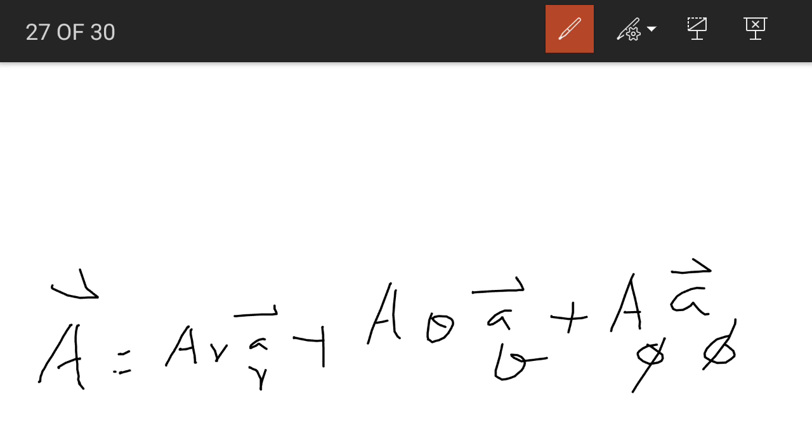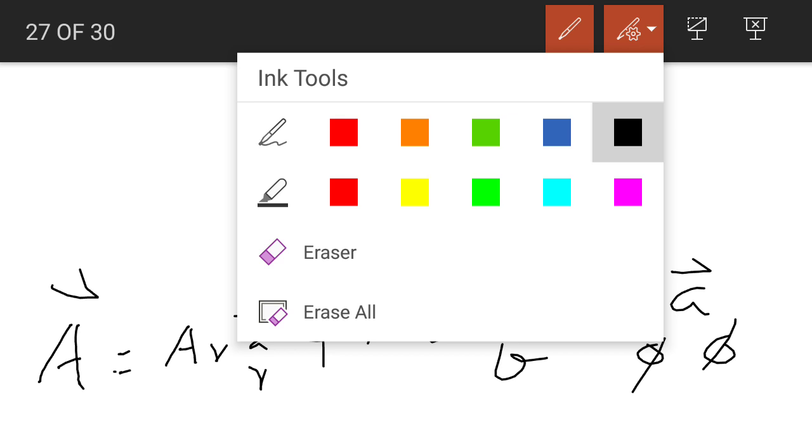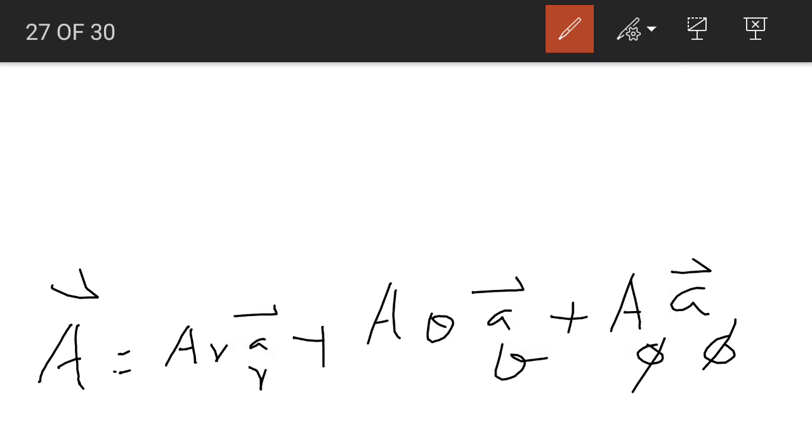Finally, if this vector is in the spherical coordinate system, and we want to transform this vector from the spherical coordinate system into the rectangular coordinate system, we will have to calculate the x component of this vector, the y component of this vector, and the z component of this vector.